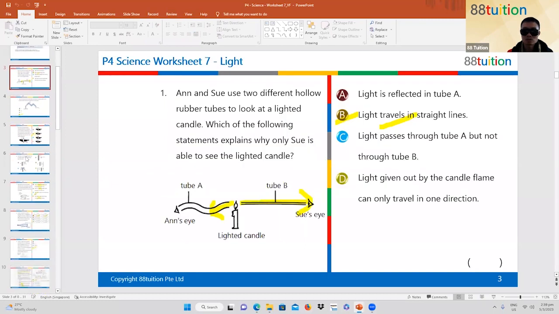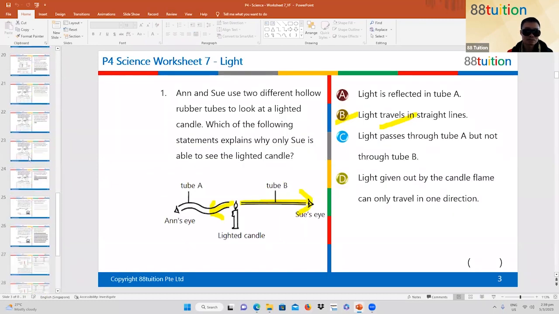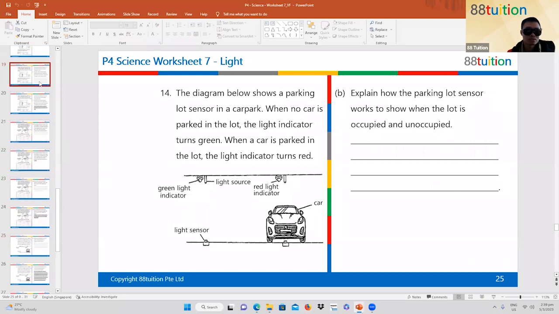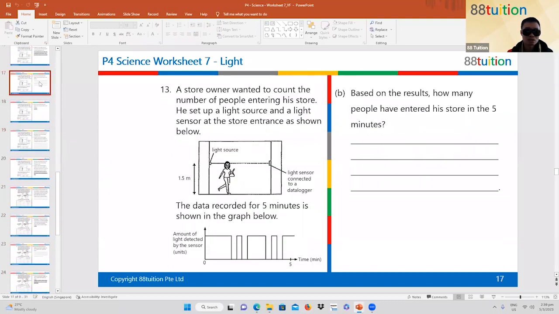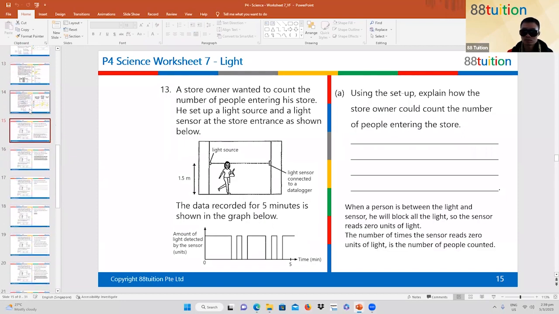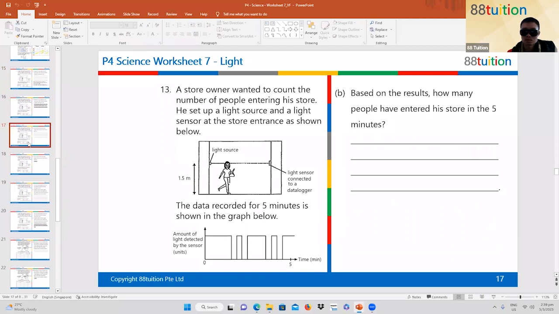And we did these questions last lesson. And we stopped over where, let me see, we haven't done this. Okay, wait, we did this. Class, can you look at question 13?